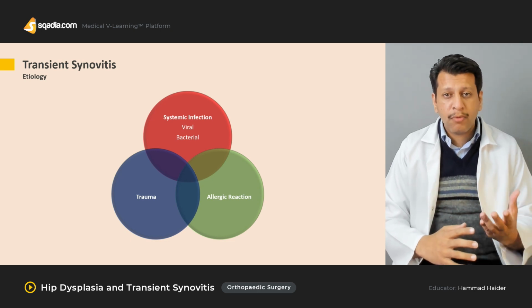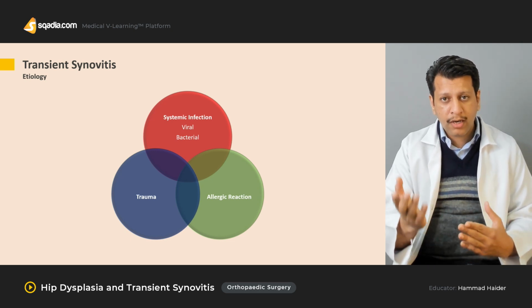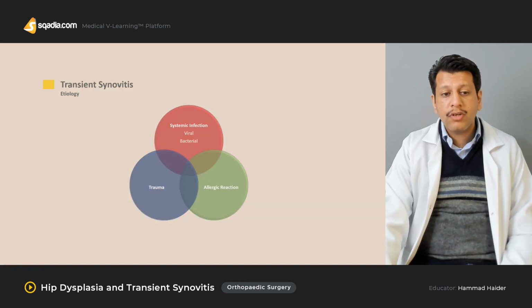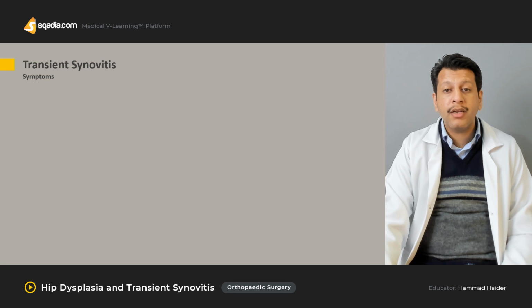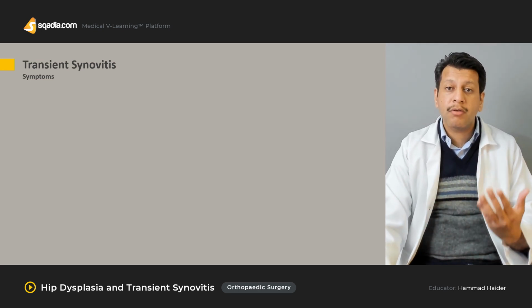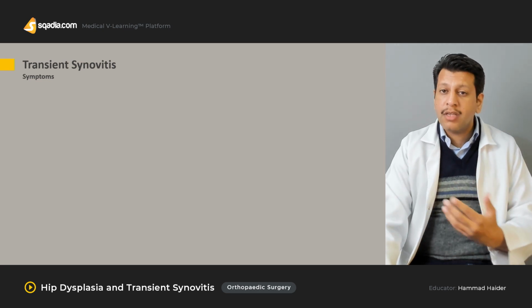There is a very rare possibility that DDH was left neglected until 5 years of age. Then other differentials which come to our mind are infections, osteomyelitis, LCPD, SCFE even.